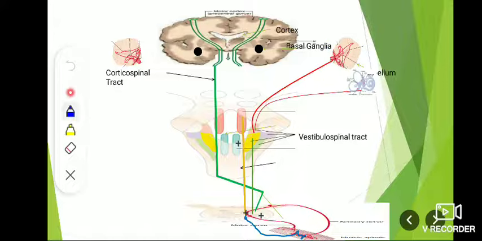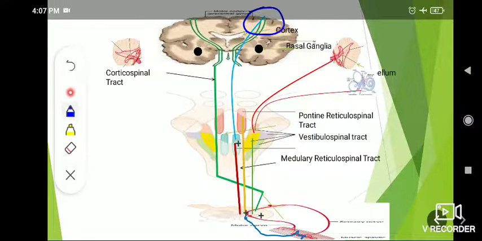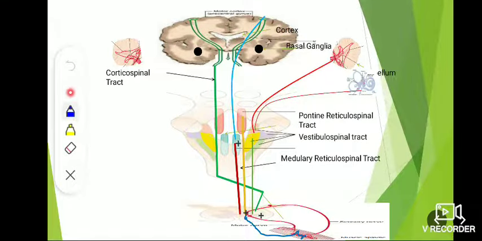This is coming from the reticulum arising in the pons, called the pontine reticulospinal tract. This is coming from the medulla, again from the reticulum, called the medullary reticulospinal tract, which is having influence from, we can see, one influence coming from this cortex, one influence coming from basal ganglion.